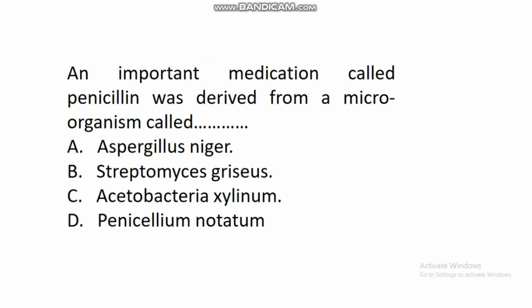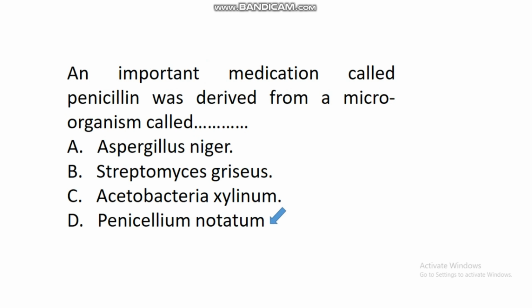The next question says, an important medication called penicillin was derived from a microorganism called dash. A. Aspergillus niger, B. Streptomyces gracius, C. Acetobacteria xylenium, D. Penicillium notatum. In this question, the correct answer is D. Penicillium notatum.